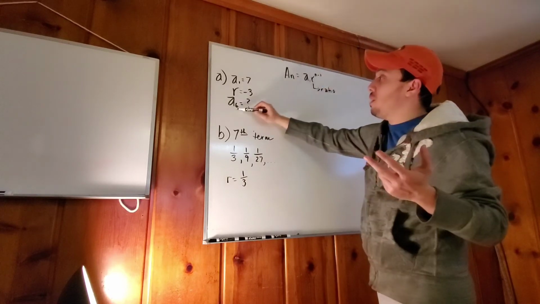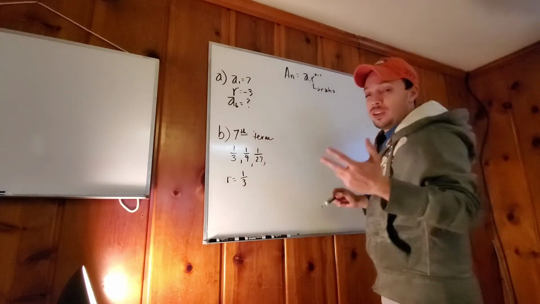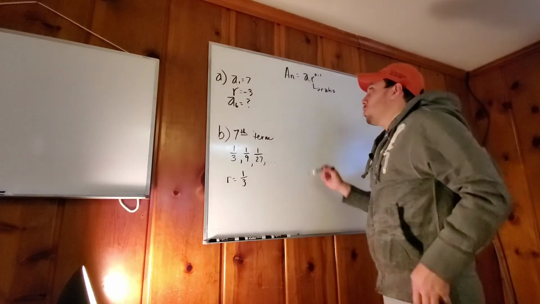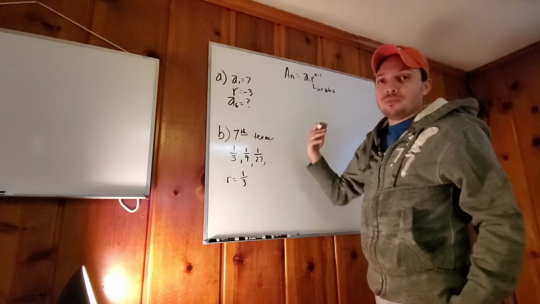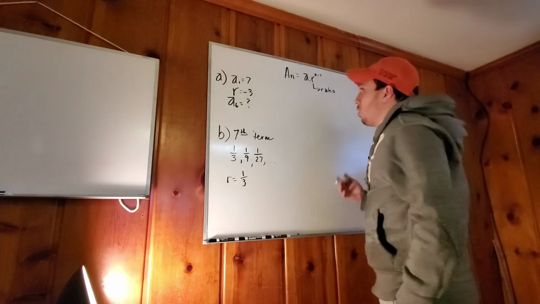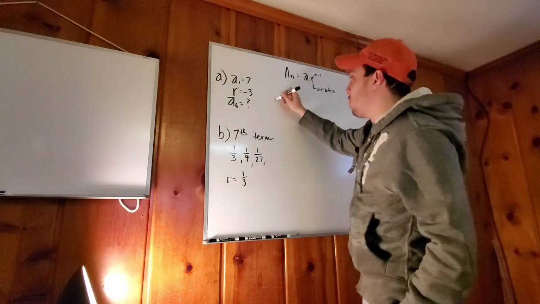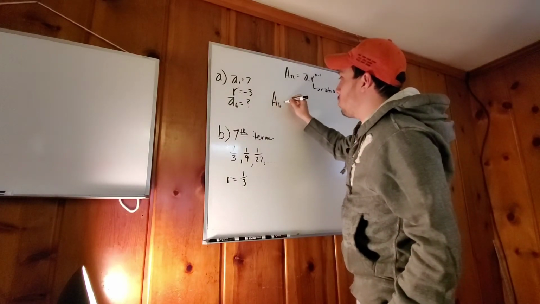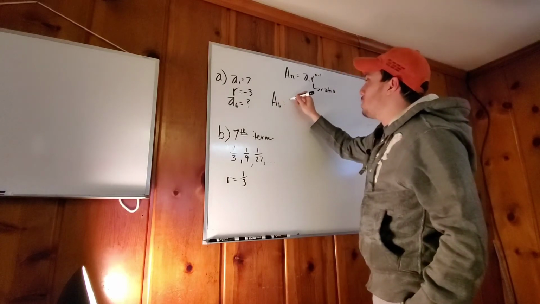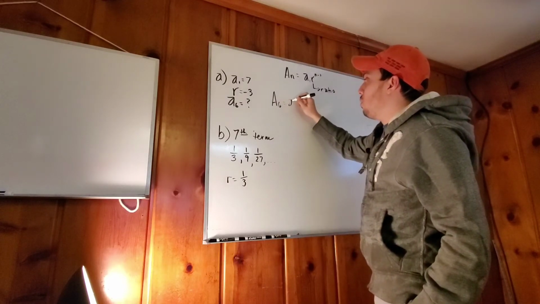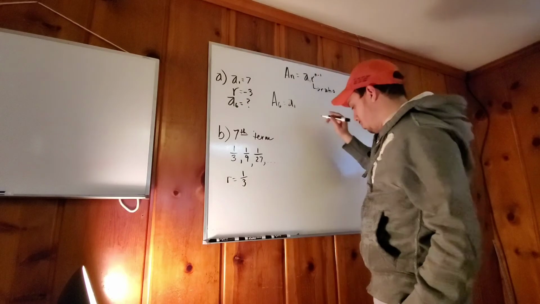So in here we have to find the 6th one, and here we have to find the 7th one. So how do we use this? Well, A of n is just the value of the term. The value of the 6th term is going to be the same thing as the value of the first term.